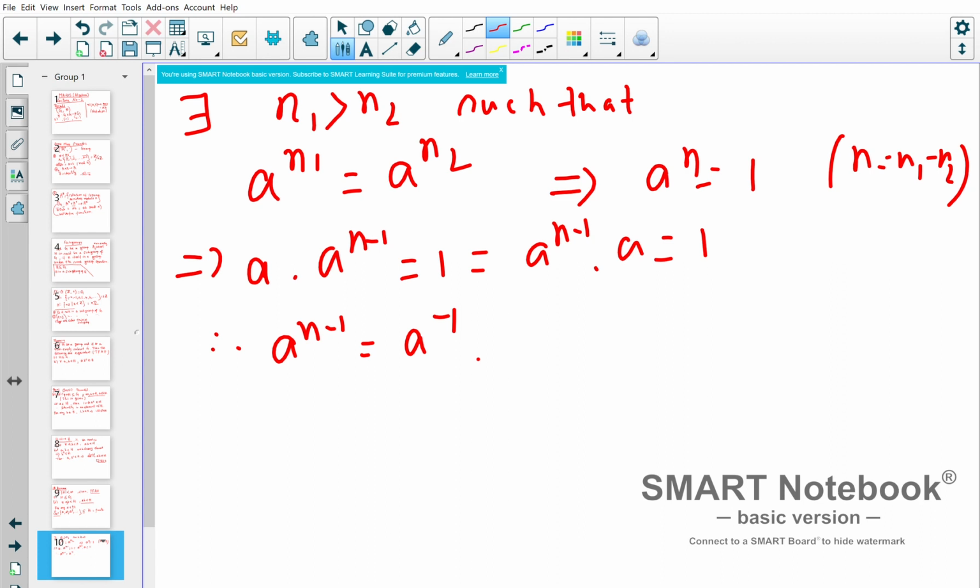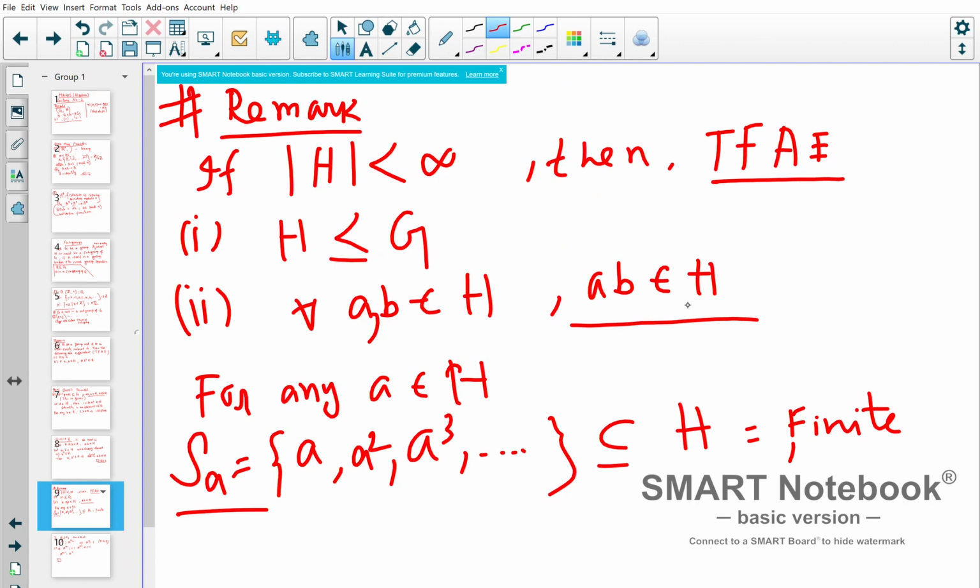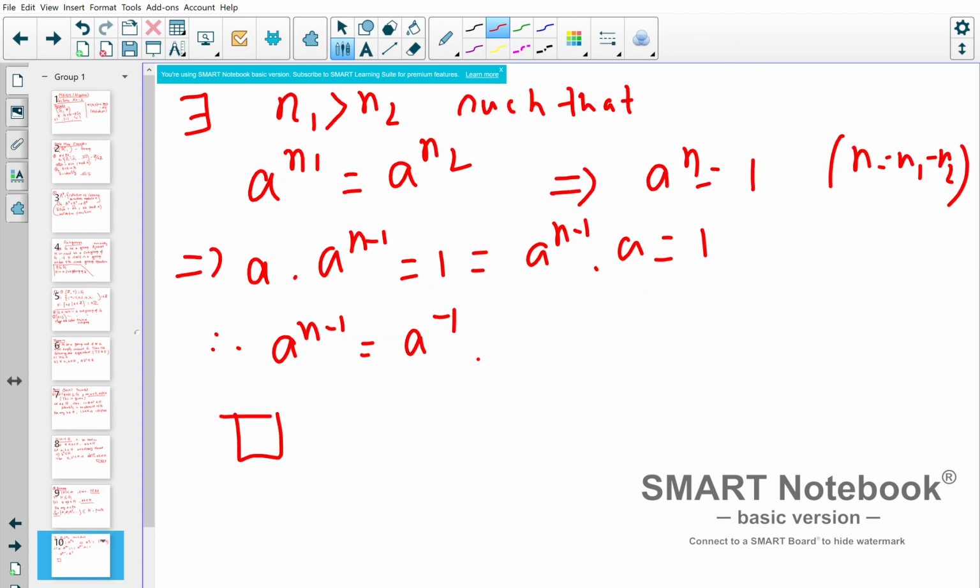So it's already closed, and for any two elements, if closed, then the inverse exists. The moment you know the inverse exists, then the identity also exists, because identity means A into A inverse, which is also an element of H. So this is the proof.